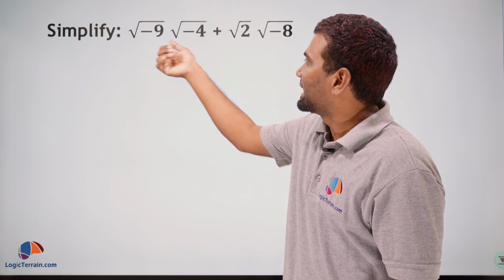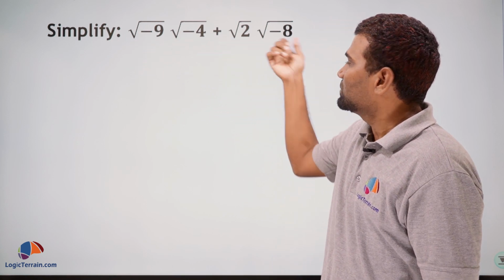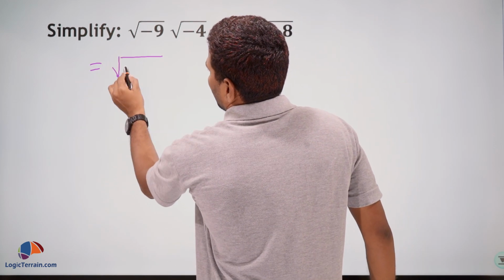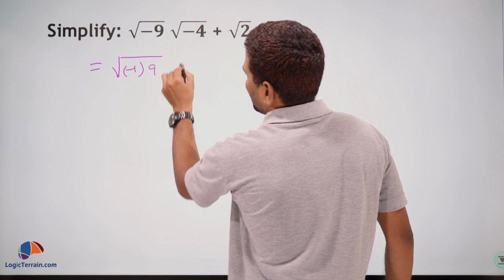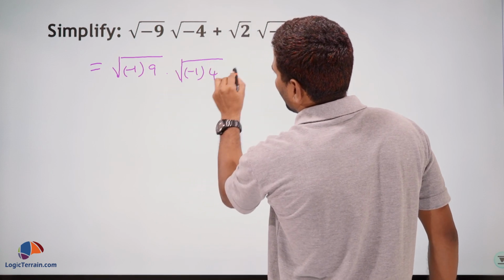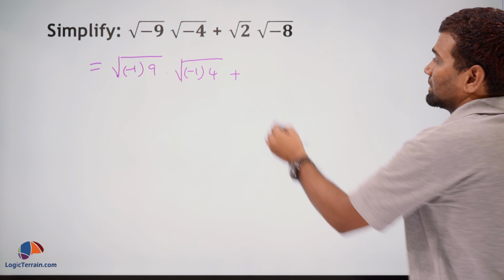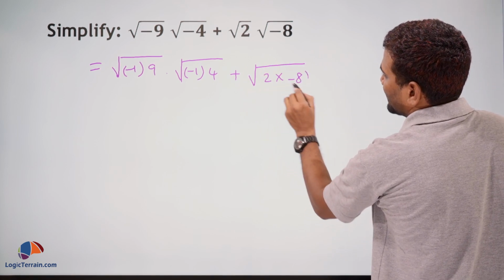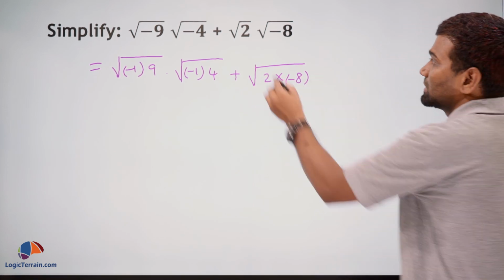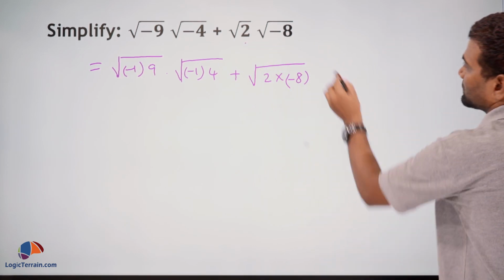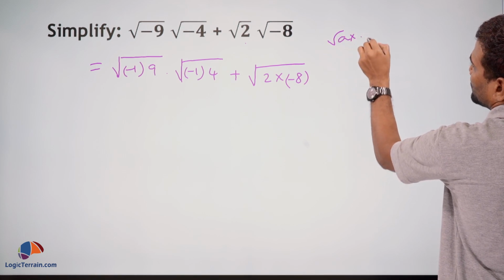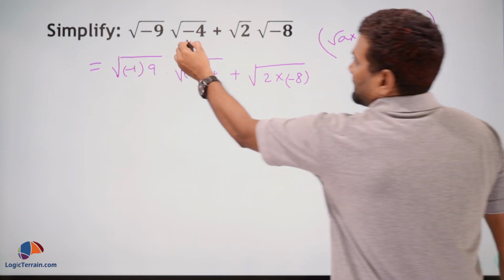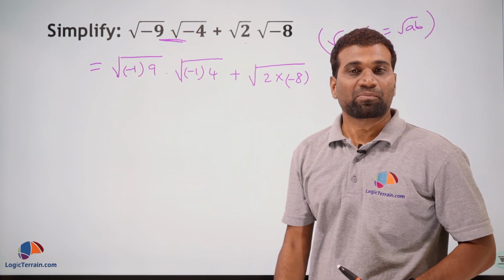Here is another example. Simplify square root negative 9 into square root negative 4 plus square root 2 into square root negative 8. This can be rewritten as square root negative 1 into 9 into square root negative 1 into 4 plus square root of 2 into negative 8, because this is positive and this is negative, so here we can apply square root a into square root b is equal to square root of ab, but for the first part we can't apply it because both are negative.